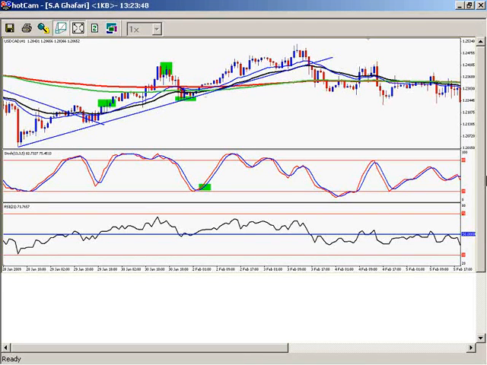Look, we have the price just pull back here and touch the uptrend line. So this is another sign that we can rely on a buy signal right around here.